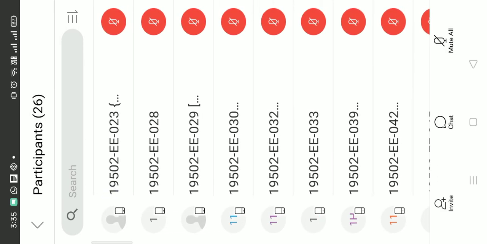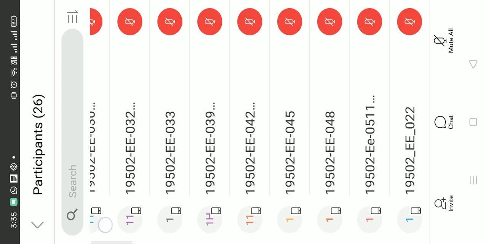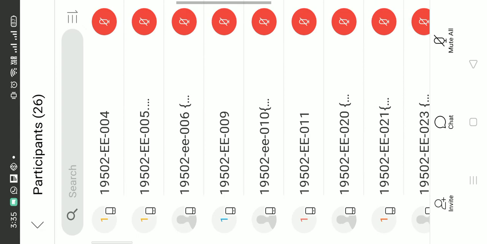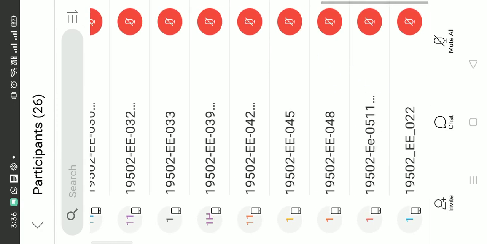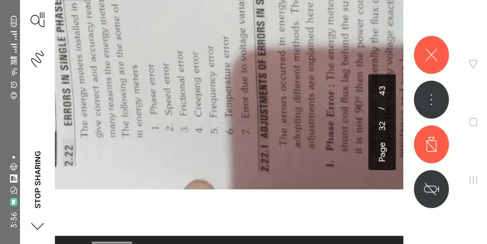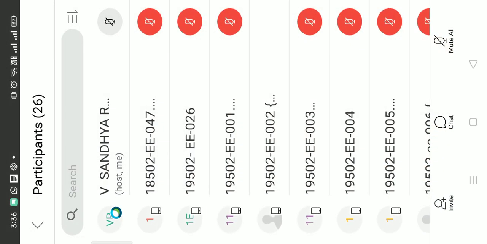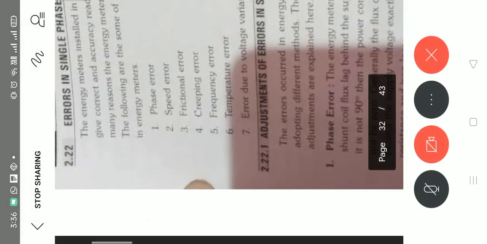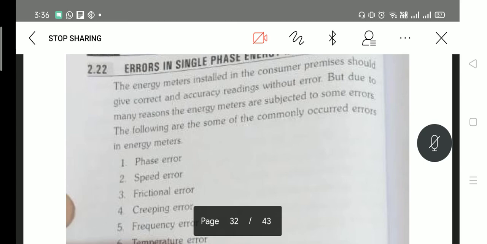Is single phase watt meter and energy meter clear to all of you? It is clear.